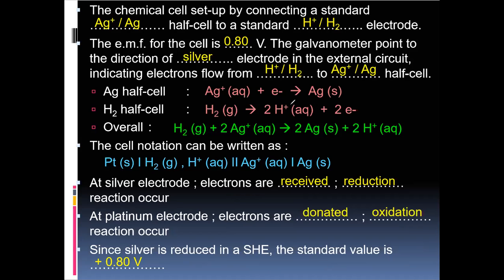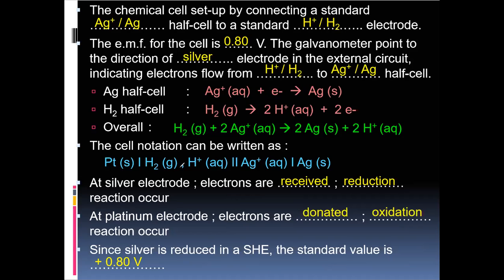To balance the equation, I must multiply the whole of this equation by 2, so that I have 2e- here, I have 2 here, and I have 2 here. We've already done this in previous classes. So this takes care of this, and then I can sum up these two half equations to give us this overall chemical equation.